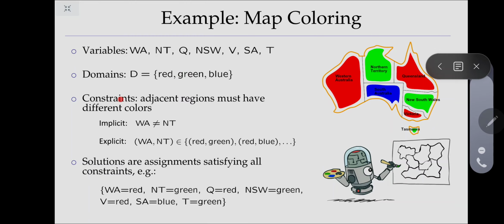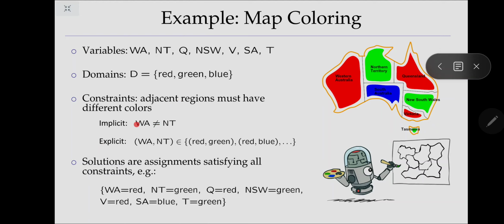And the constraint. For presenting the constraint, we have 2 approaches. The first one is presenting the constraint in an implicit manner. Implicit manner means you present some logical constraint. Logical constraint, for example, WA is not equal to NT.